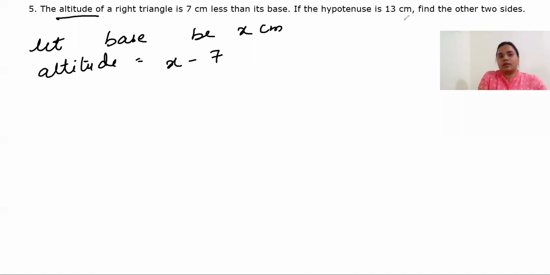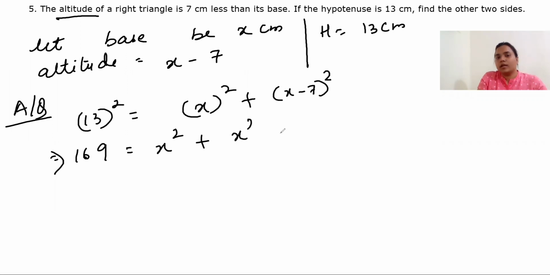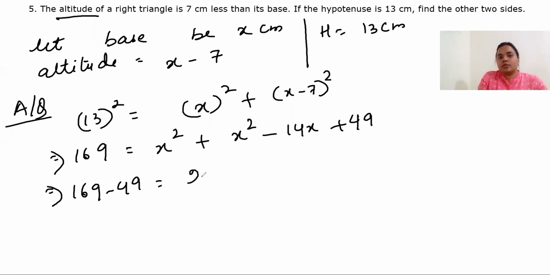And hypotenuse is already given as 13. So we will just apply the Pythagoras theorem. If you want, you can write here hypotenuse is 13 centimeter. So according to the question, hypotenuse square is equal to base square plus perpendicular square. 13 square is 169. x square, plus (x minus 7) whole square, this is a minus b whole square, a square minus 2ab plus b square. 169 minus 49 is equal to 2x square minus 14x.